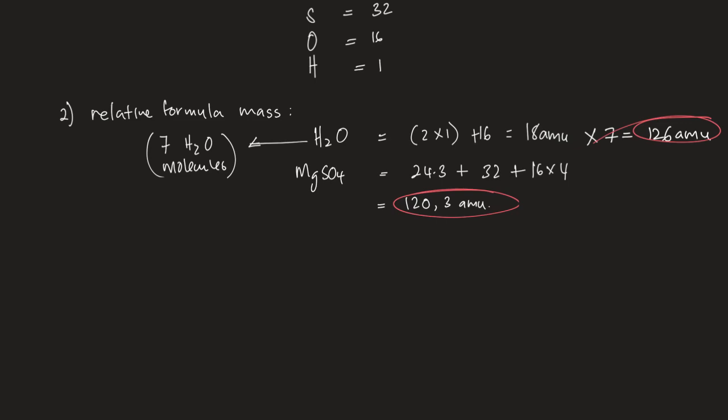We want to know of this total mass, how much is the water. So what we do is we say the mass of the salt plus the mass of the molecules of water would give you the total mass of the crystal.